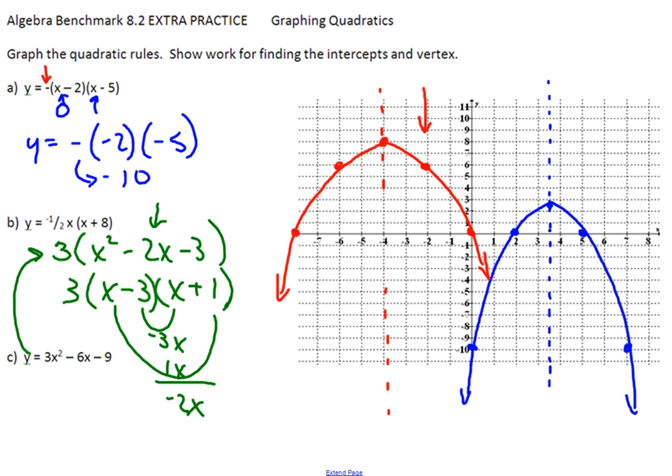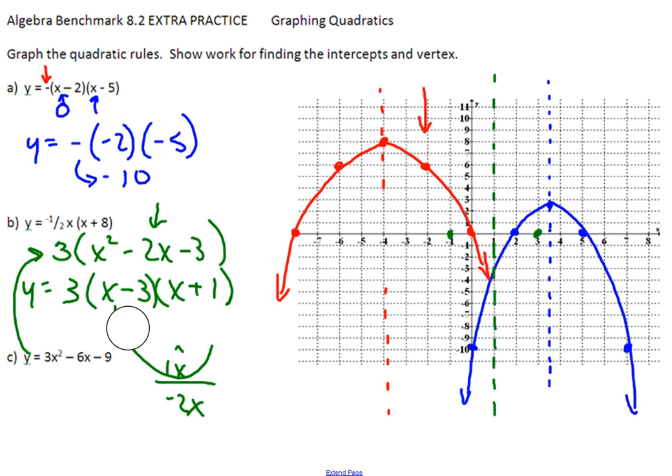So then my intercepts, looking at that problem, would be positive 3 and negative 1, the opposites of those quantities, to give me 0. So positive 3, negative 1. And then our line of symmetry, 1, 2, 3, 4, so it's 2 in there. So my line of symmetry has got to be at 1. So I can plug in that 1 for x, either in my original problem or in my factored problem.